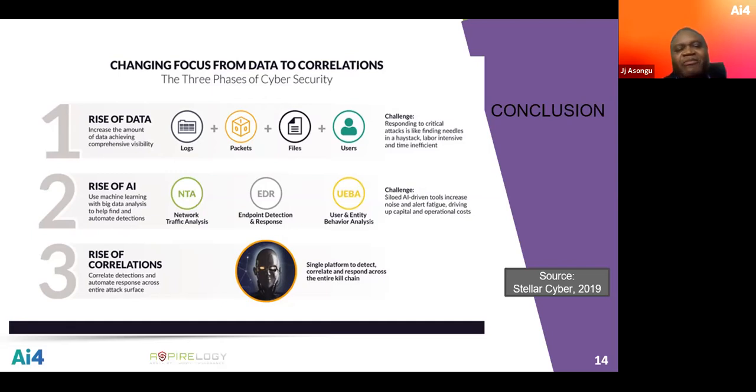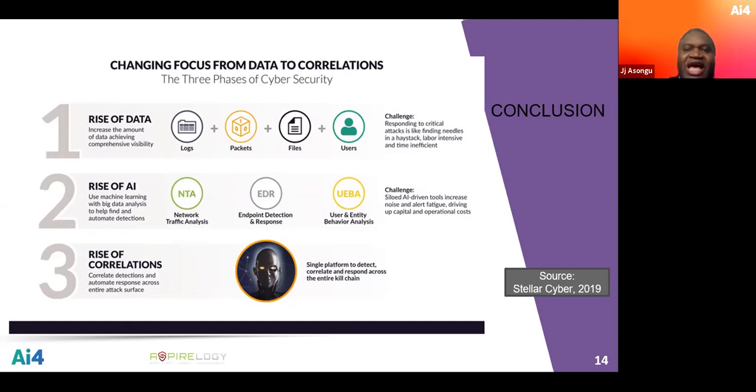And automation has been made possible thanks to AI. So using AI, you can use machine learning to analyze much more data than you could have done manually. And this has really helped us to improve our results, to improve our accuracy, and to conduct third-party risk management in a much more effective and efficient manner.